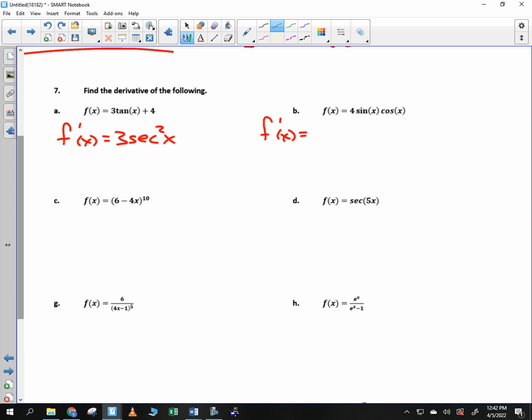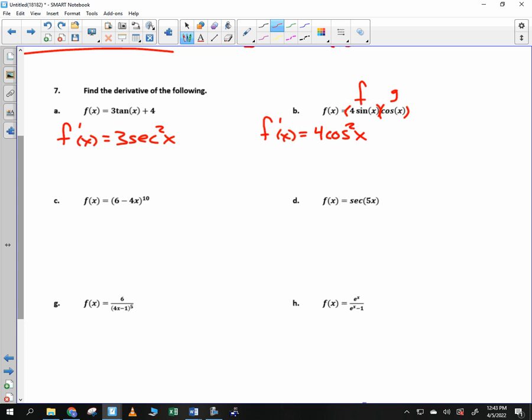Product rule. So 4 times cosine times cosine would be 4 cosine squared. So I'm going to treat 4 sine of x as f, and I'm going to treat cosine of x as g. So the derivative of 4 sine is 4 cosine, times cosine is 4 cosine squared.